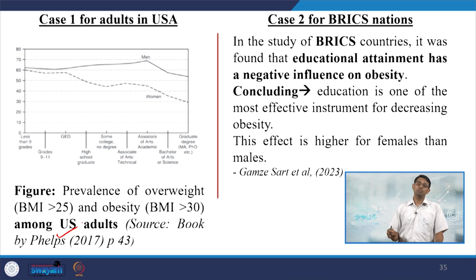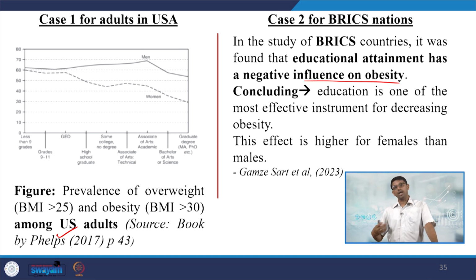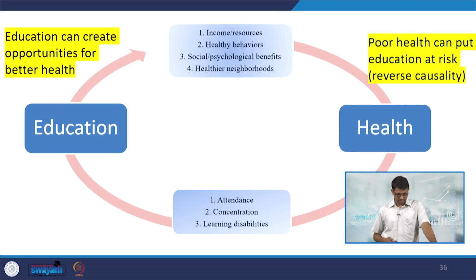You can also cross-check with the WHO parameters for Asian standards, which are a little different. Especially in the study of BRICS countries, it was found that educational attainment has a negative influence on obesity. So, education is most effective in this case, and the effect is even higher for females than males. And it has a cyclical relationship.